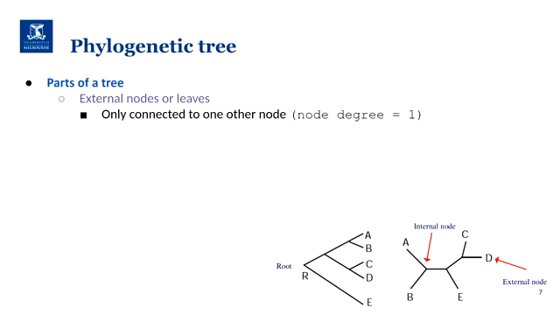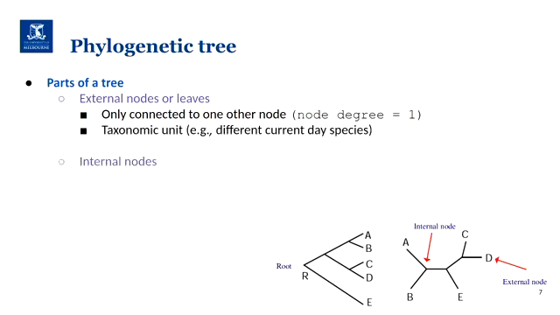What's the degree of a node? It's a property of the node which corresponds to the number of connections it has. So while external nodes or leaves have a degree of 1, the internal nodes have at least a degree of 2. Okay? And for instance, the external nodes or leaves could be a taxonomic unit, could be different current day species, genes, proteins, for instance.